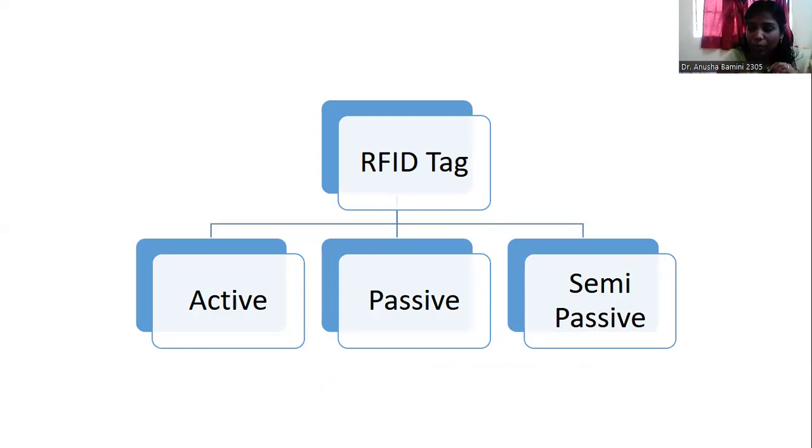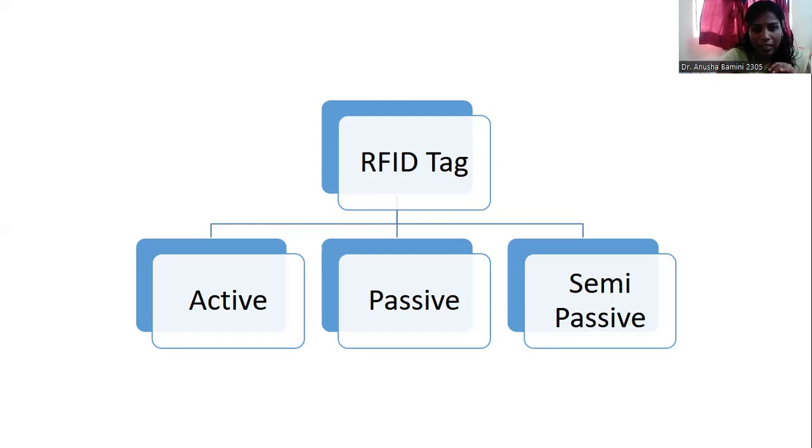With the support of that battery, we can broadcast the signal. Then passive RFID tag means it does not use a battery. Semi-passive means it has a small battery on board that is activated in the presence of the RFID reader. Is it clear? So the RFID tag is split into three types: active, passive, and semi-passive.